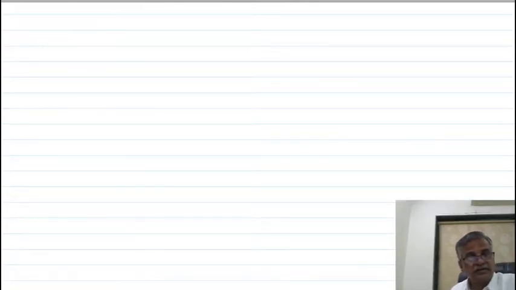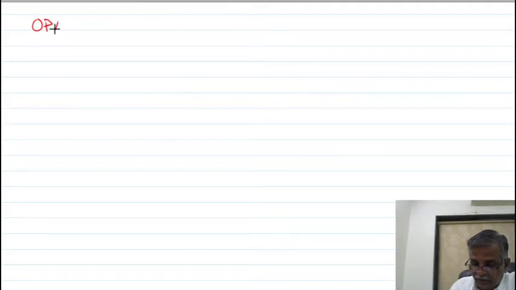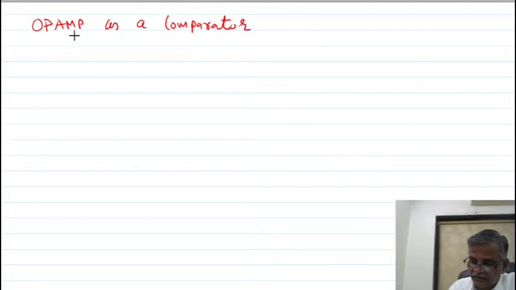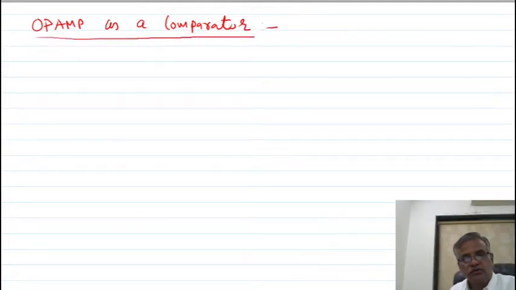Now let us discuss another topic: op-amp as a comparator. When you use the operational amplifier in open loop operation, it operates in a non-linear manner.